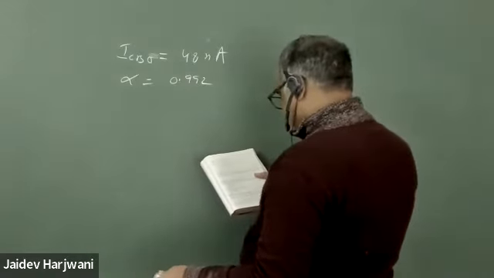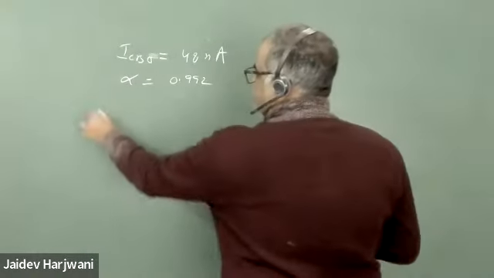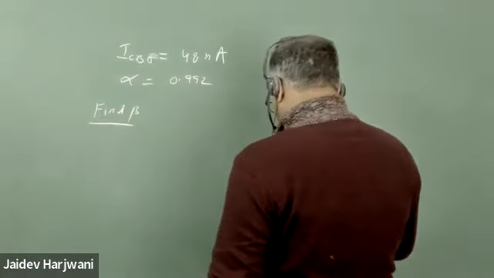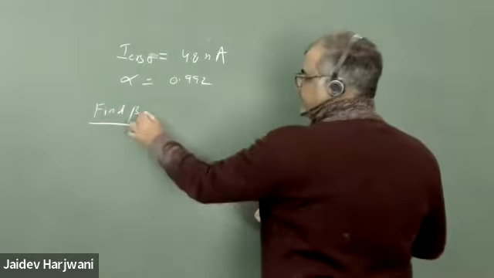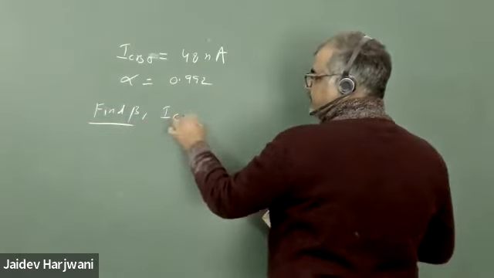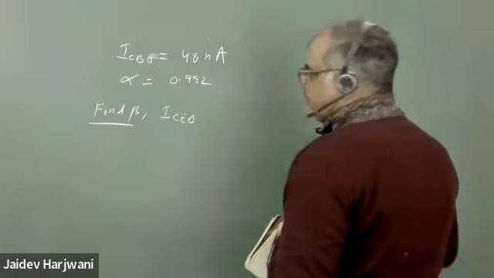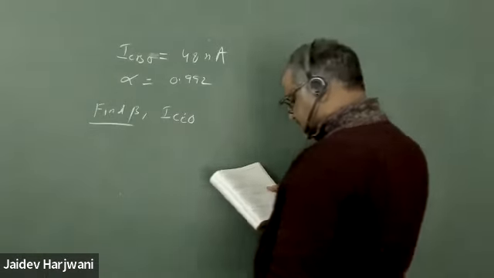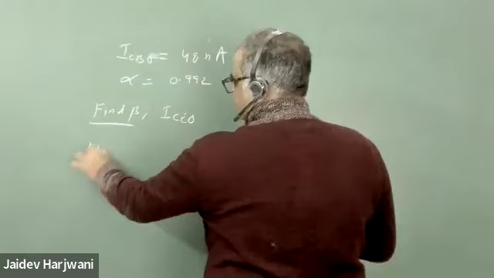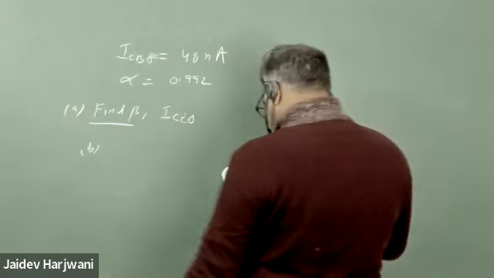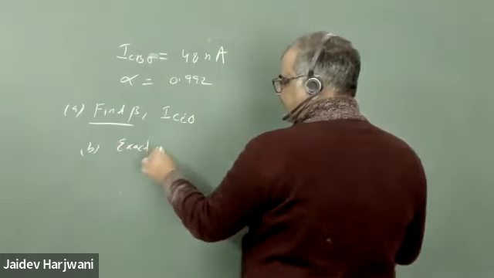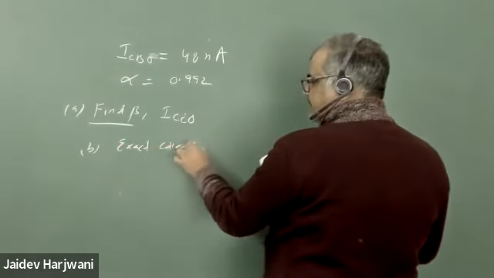So find beta, find ICO. If you know the ICBO, then find ICO. And then find the exact collector current.